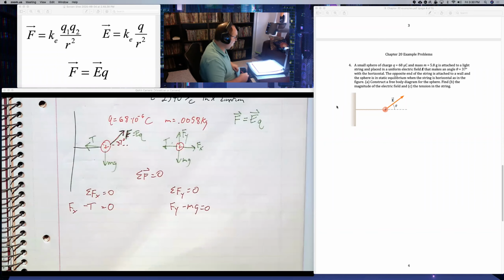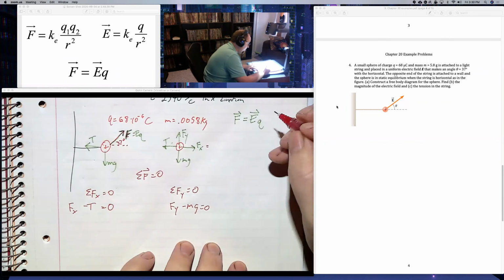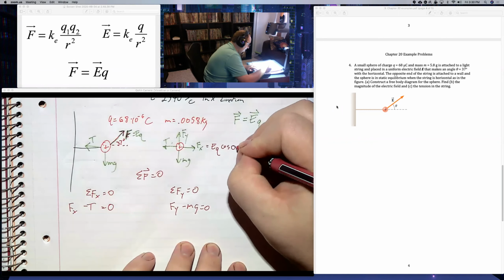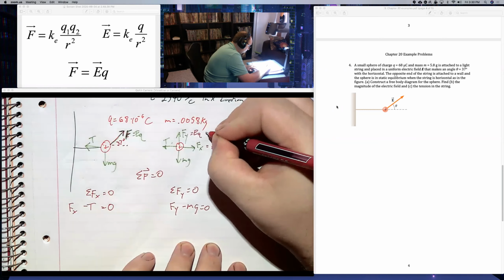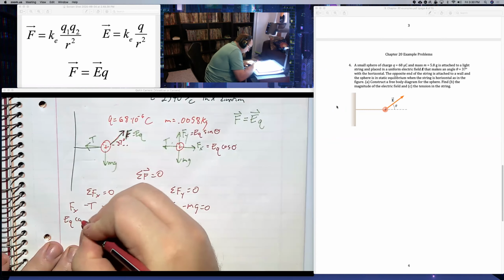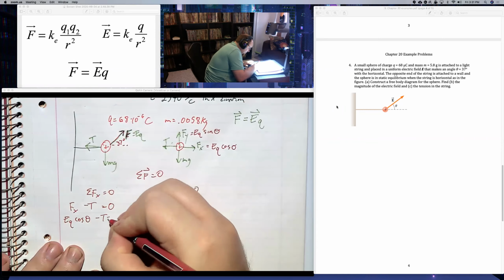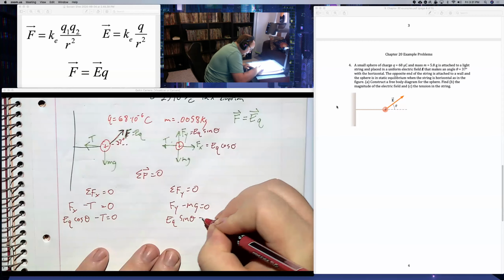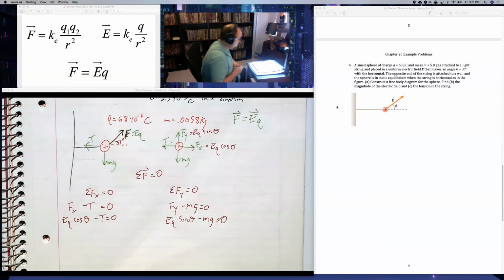Well, F of X and F of Y respectively are, well, F was EQ, so it would be EQ cosine theta and EQ sine theta. So EQ cosine theta minus T equals 0 and EQ sine theta minus mg equals 0. Now, I was asked to solve for E and T respectively.